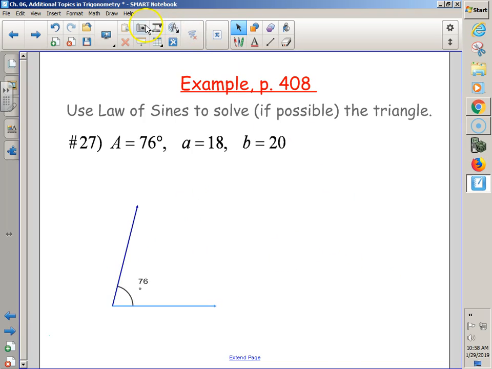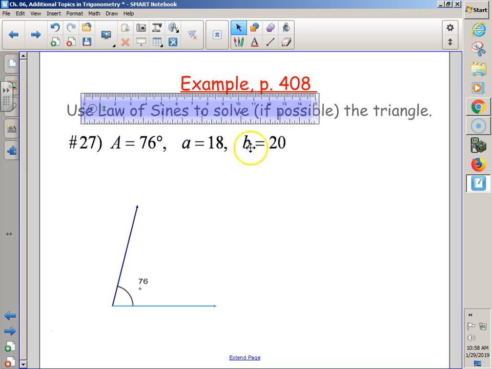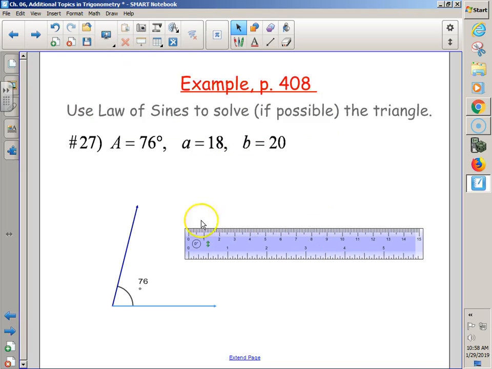Then we have a length of 18. I'm going to grab up my ruler. 18, let's see, what do I want to measure in? Let's not do inches, that would be bad. Centimeters, it's not too much better. Let's do half centimeters. I know that's awkward, but it'll work. So 18 half centimeters, that would be 9 centimeters.